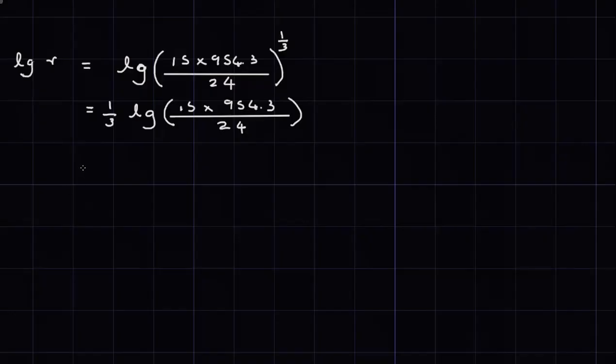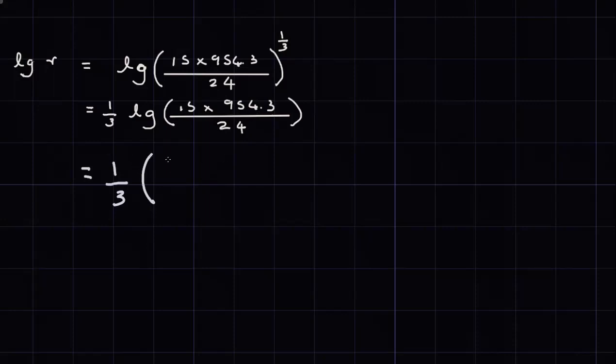All right. And what's the next thing we have to do? It's time to apply the logarithmic rules. So 1/3. Now, multiplication becomes addition, and division becomes subtraction.